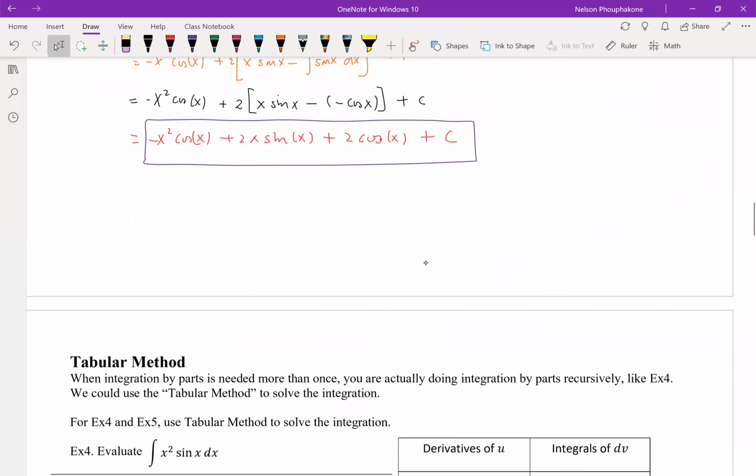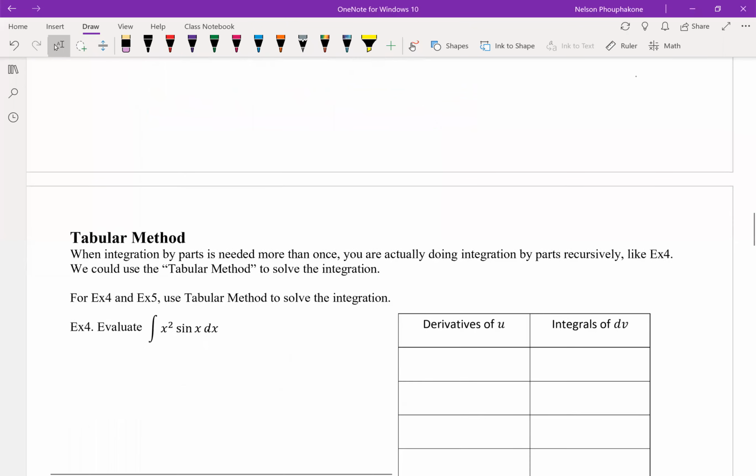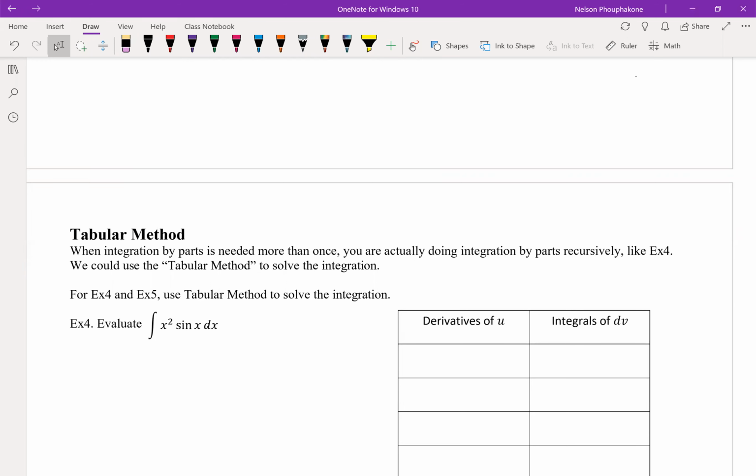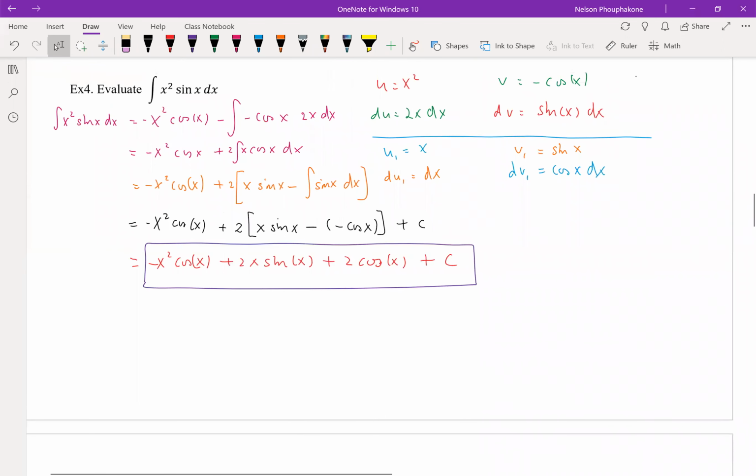Okay, so the next one, I would like to talk about the tabular method. Now you will see that the tabular method is really similar to what we just did for number 4.